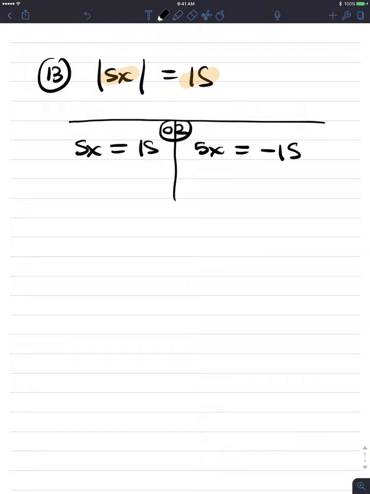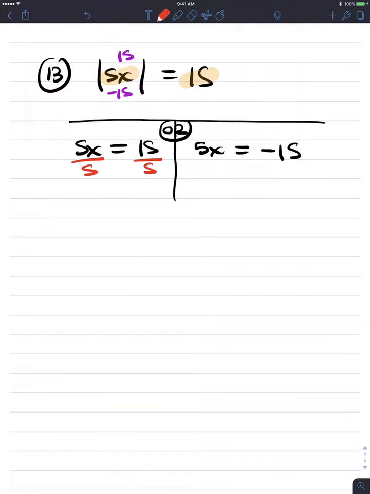You know, we're looking at the two situations. And that's because if we really take a look, we're replacing 5x with, in one case, positive 15, and the other, negative 15. Because in absolute value, both of these are actually 15.